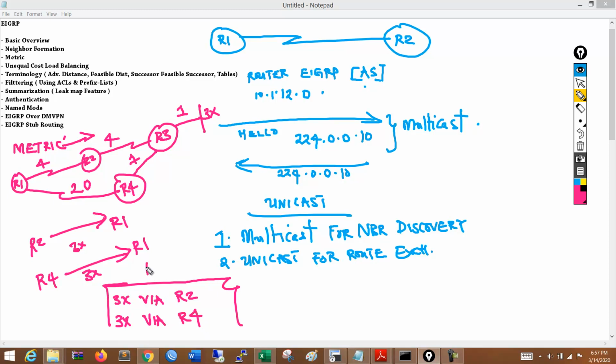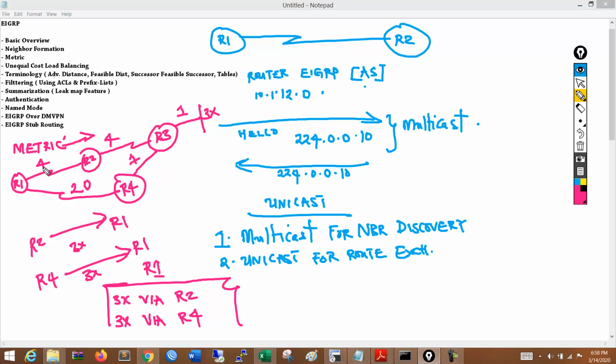This is R1's table. So metric is what EIGRP will use to decide which of these two routes makes it to the routing table. The metric for this route is a combination of all of these costs, what it costs each router to get there, and I will tell you how EIGRP does its calculation.